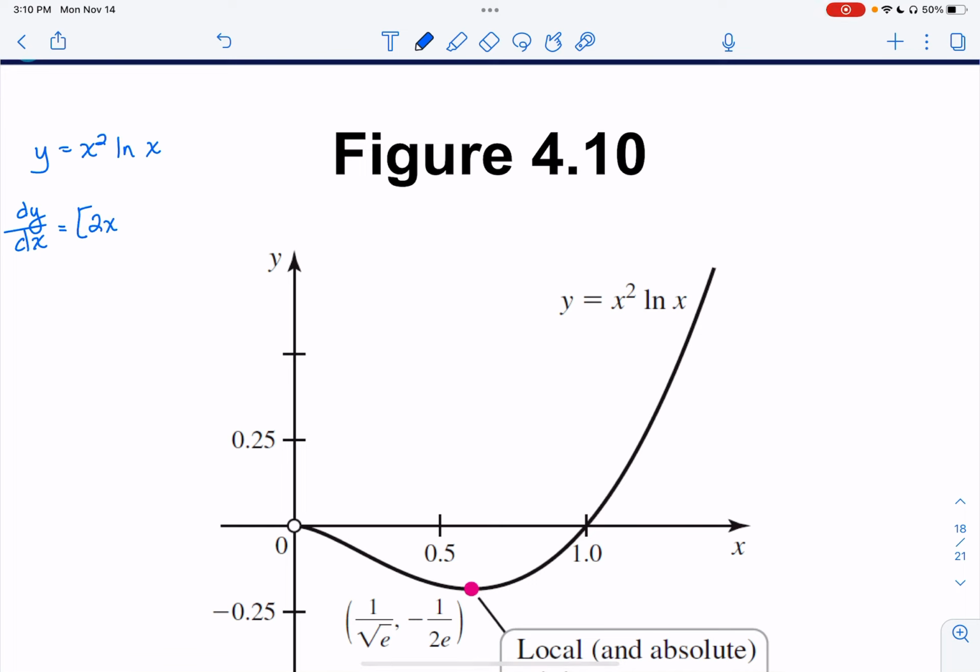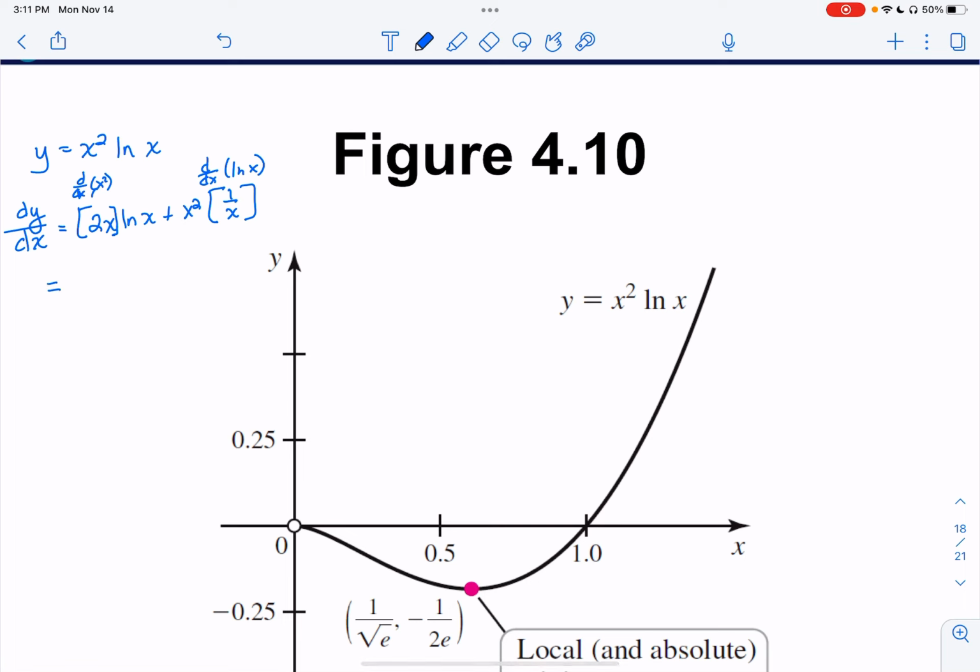So 2x natural log of x, plus x squared times 1 over x. That's the derivative of the natural log. So this was my derivative of x squared and this was my derivative of natural log of x. I just used the product rule there.